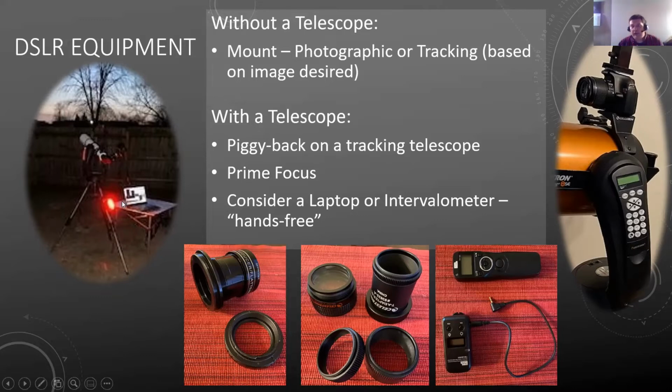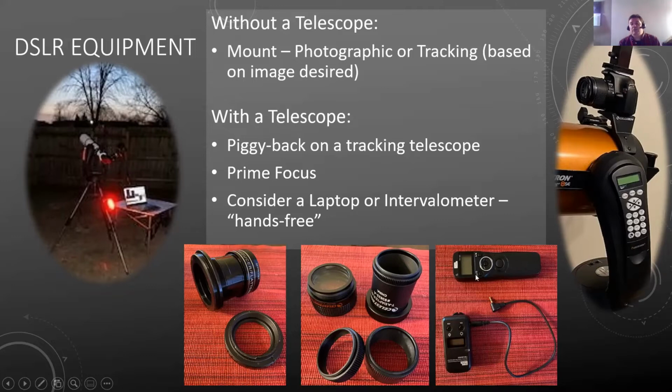I use my laptop a lot to set the exposure time, my ISO or gain, and then I click the button on there to take the image. So I'm not touching anything on the imaging side of it.